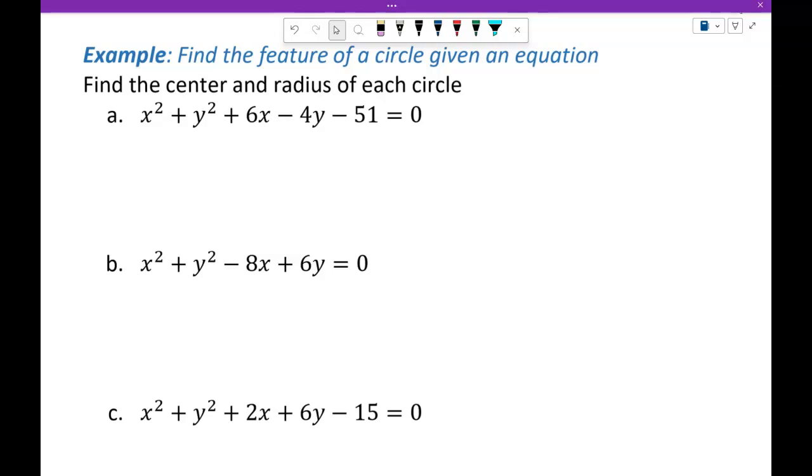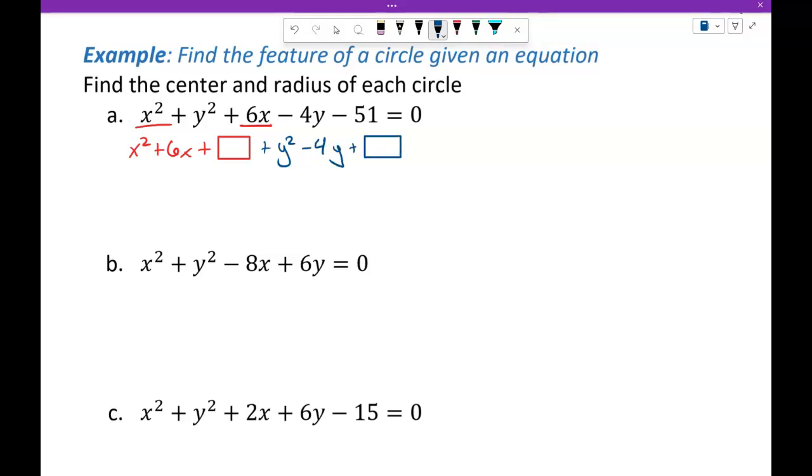And just like with our parabolas, the way we rewrite an equation from general form to standard form is by completing the square. The only difference here is that we have two variables being squared, so we need to complete the square twice. We're going to start by grouping the like variables and putting in the squares for our process of completing the square.